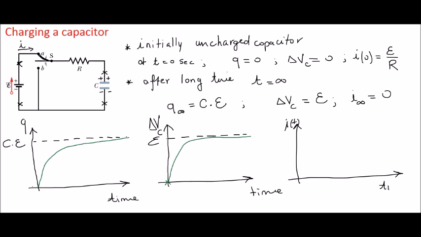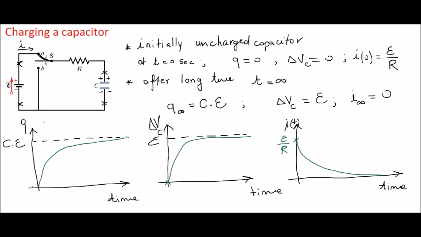The current starts from a certain value, E over R, and decreases until reaching 0 at infinity. It will decrease exponentially, actually. So this is E over R, and it decreases exponentially in this fashion. So that's what we expect from this problem.